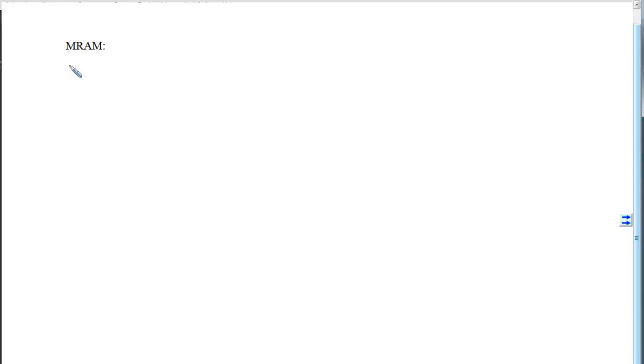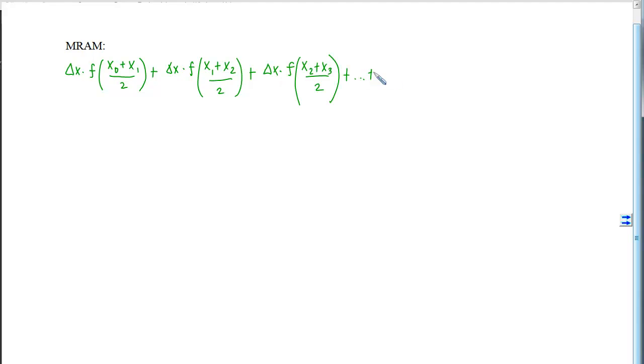So MRAM will then be our delta x times our first height, which comes from x sub 0 plus x sub 1 over 2, plugged into the function, plus delta x times our second height, which is x sub 1 plus x sub 2 over 2, plugged into the function. We can do our third one, and then we'll continue the pattern until the last one, which, if you recall, was f of x sub n minus 1 plus x sub n all over 2.